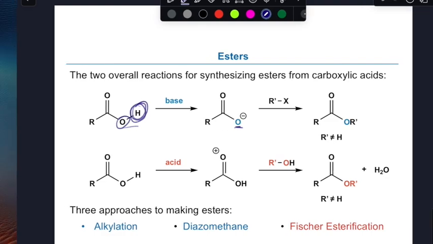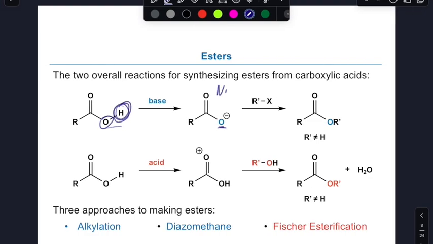That carboxylate is going to act as our nucleophile, and we're adding an alkylating agent, something like an alkyl iodide or a powerful electrophile, and we're adding that to this oxygen center. The most important thing with this route is we're replacing this hydrogen, and the new bond we form is right here. The original carbon-oxygen bond here stays in place the whole way through.